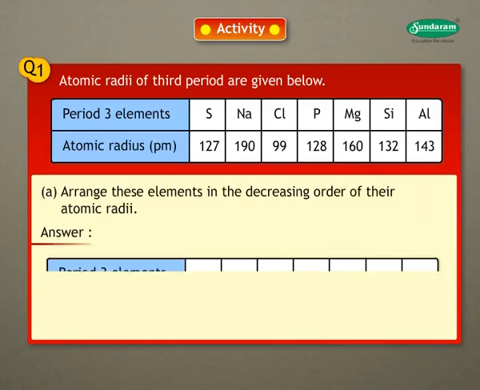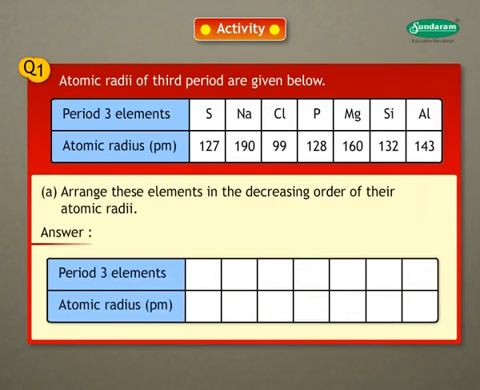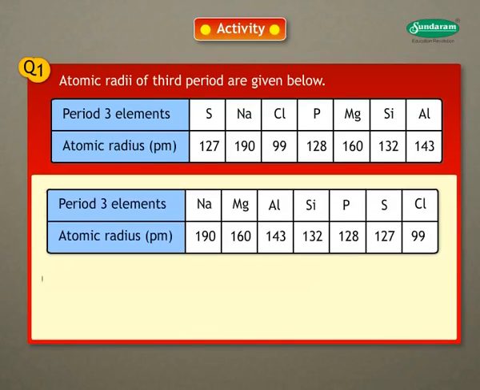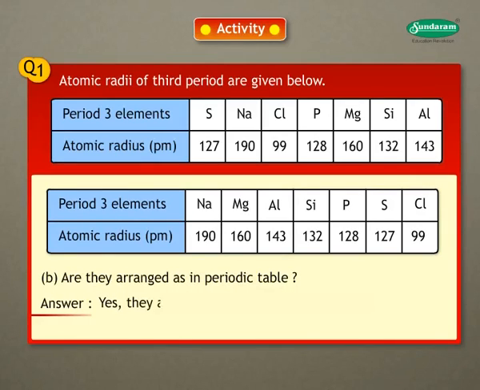Answer. We have arranged the elements in the decreasing order of their atomic radii like this: sodium, magnesium, aluminium, silicon, phosphorus, sulfur, chlorine. B. Are they arranged as in a periodic table? Answer. Yes, they are arranged as in periodic table.